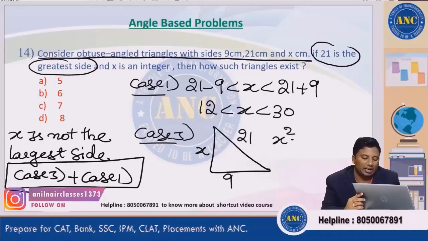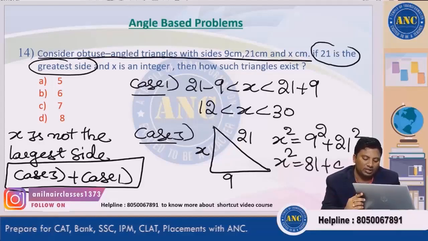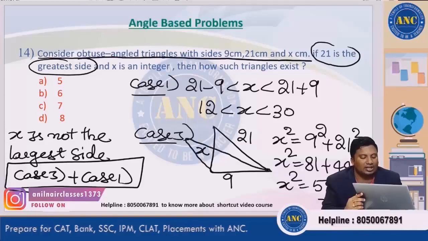If it is a right angled triangle, x square equivalent to 9 square plus 21 square. X square equivalent to 81 plus 441, which is 522. But if it is an obtuse angled triangle, hypotenuse will increase.